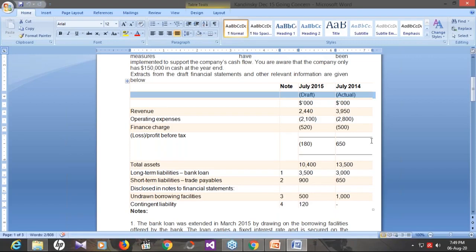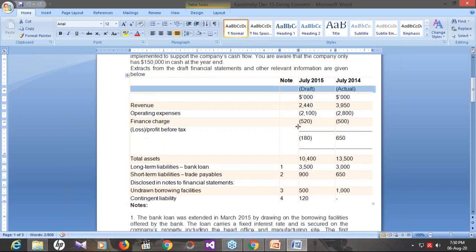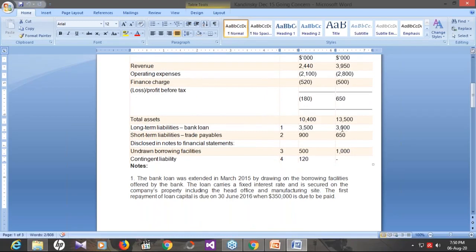So you should calculate the percentage increase and decrease in revenue, in operating expenses, and in finance charges. And there is no operating profit given here. So if you exclude the finance charge figure and recalculate the operating profit, and divide it by the revenue, you can get the operating profit margin. So these are the percentage changes.